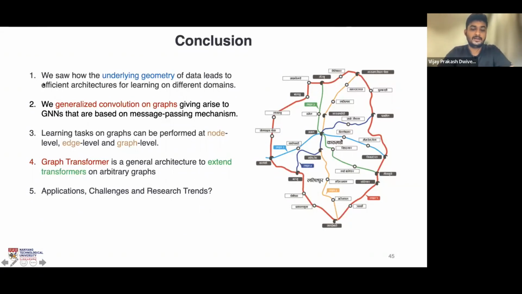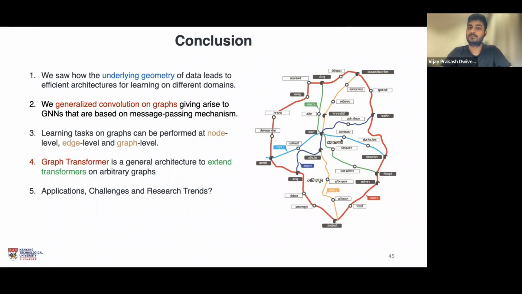So we saw how the underlying geometry of data is important, and without it, the sample complexity of data that would be necessary for training a model would be very high, because on images, if we used an MLP, we would require several instances of the shifted images in order for the model to learn the shift invariance.